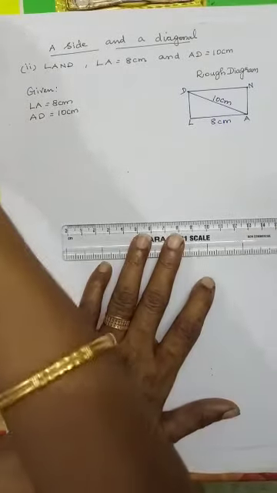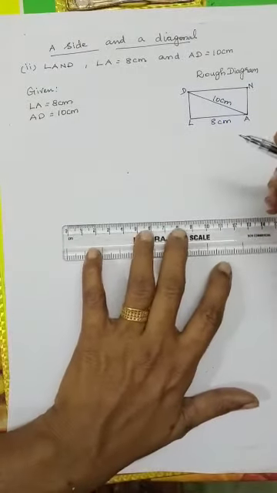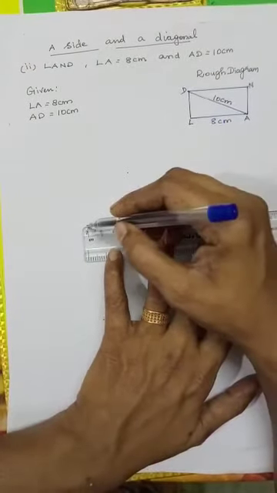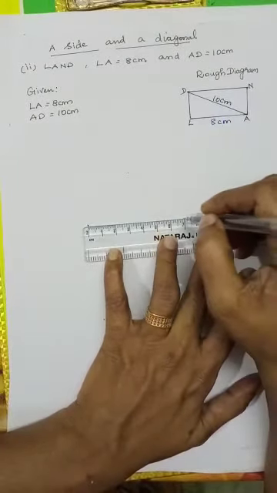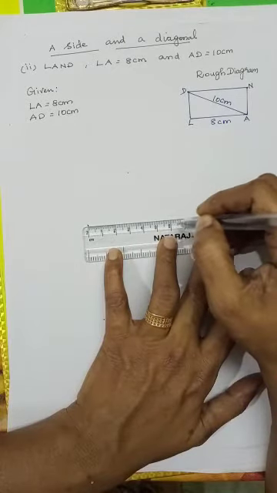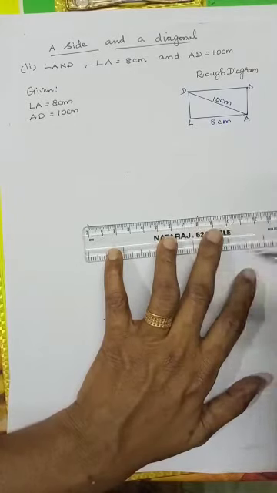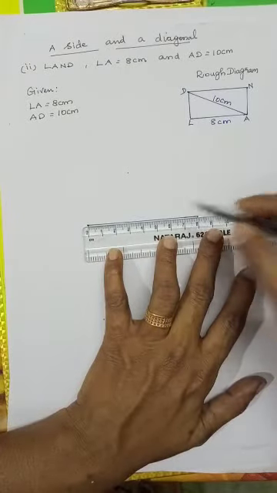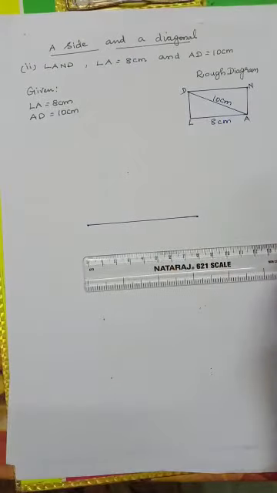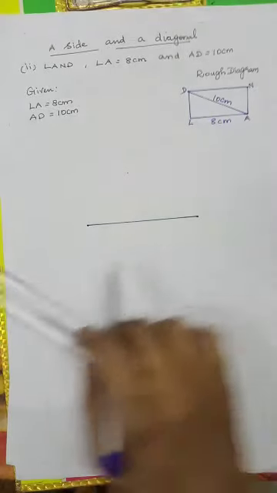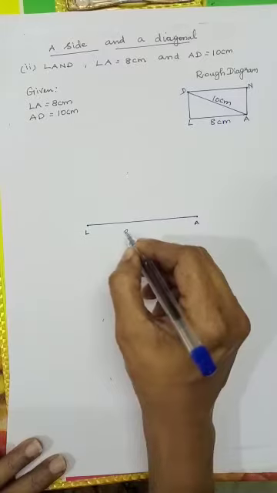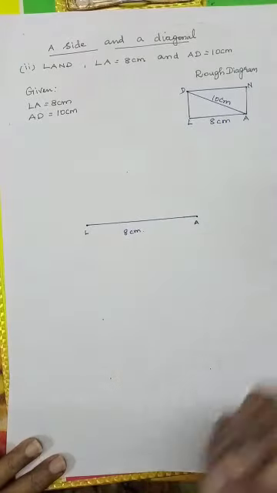First we have to draw the 8 centimeter. Plot a point 0 and here 6, 7, 8 centimeter. Then join those 2 points. Okay. Now name it L, A, it is 8 centimeter.